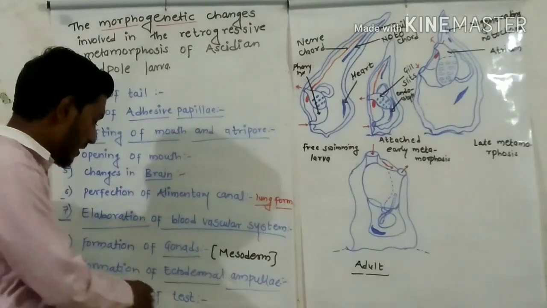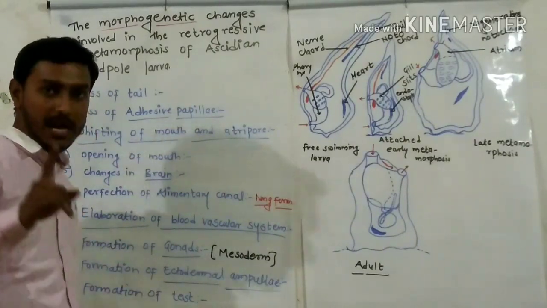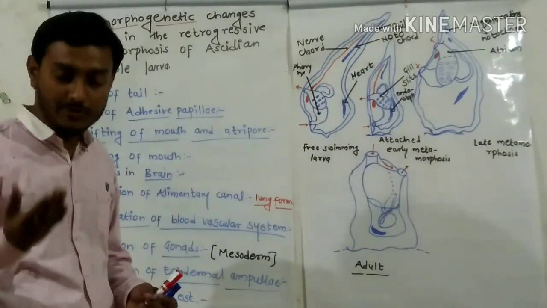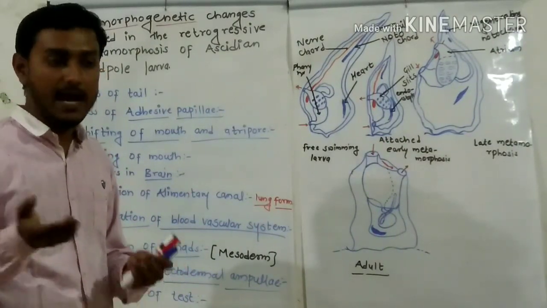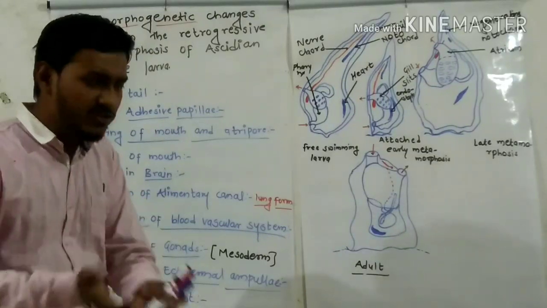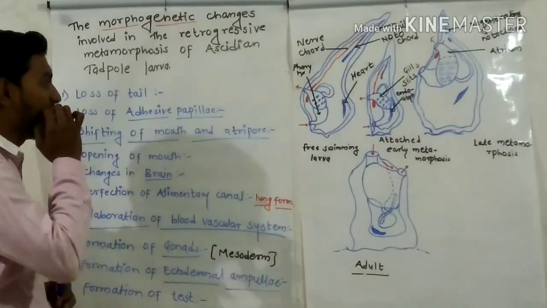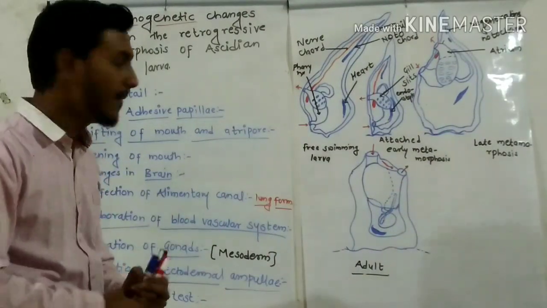This part is regarding the test. So once again I am repeating that the test elaborates itself, the test becomes translucent, thick and enlarges from all the four sides. So that's all about the retrogressive metamorphosis of this ascidian tadpole larva.